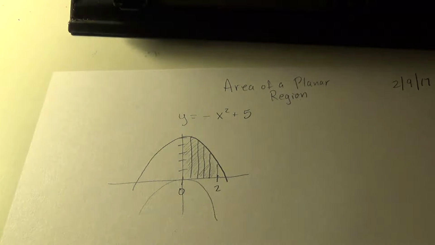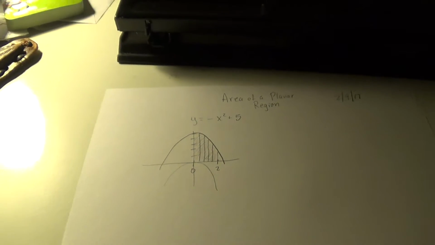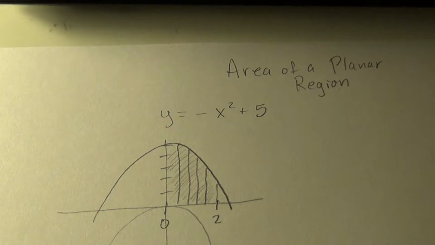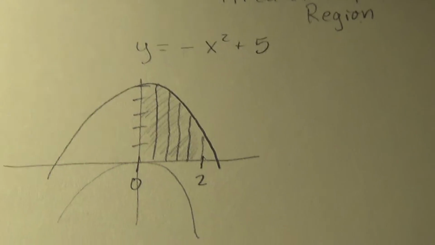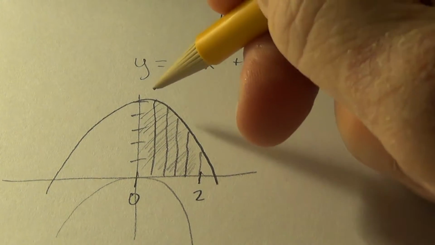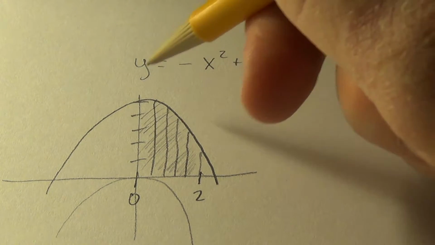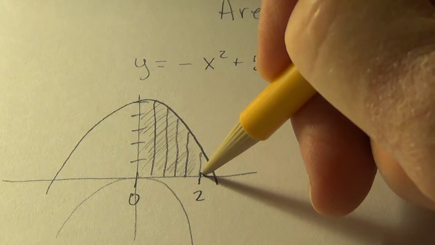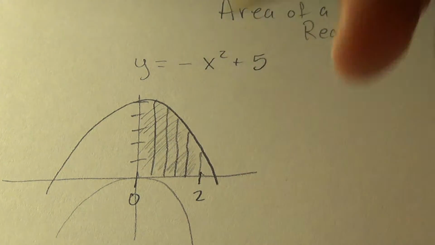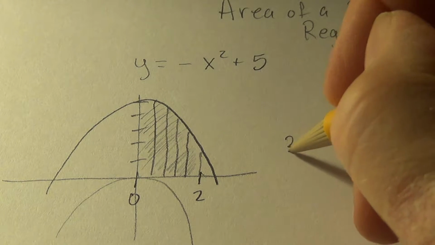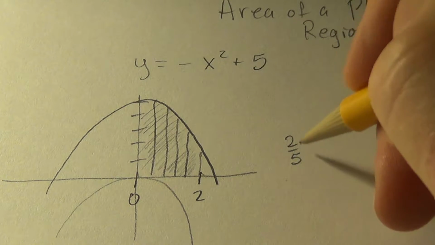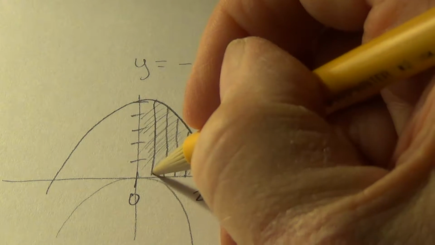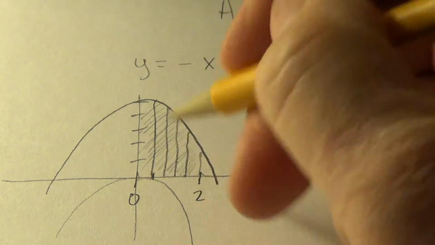Those rectangles, well, right now they're not exactly rectangles, so I have to decide how to make them a rectangle. I've gone from 0 to 2, and there are 5 rectangles, so 2 divided by the 5 rectangles tells me the width of the bottom of each rectangle.